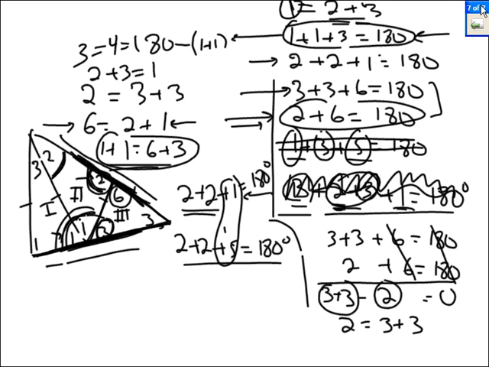So if you look at triangle number 3, you have angle 3 plus angle 3 plus angle 6 is 180. But angle 3 plus angle 3 is angle 2, plus angle 6 is 180. Angle 2 plus angle 6 is 180. But we already had that one. So the more I do this, I'm never getting a contradiction.